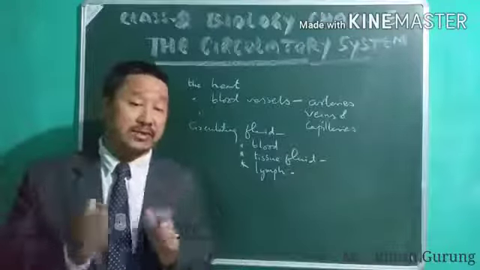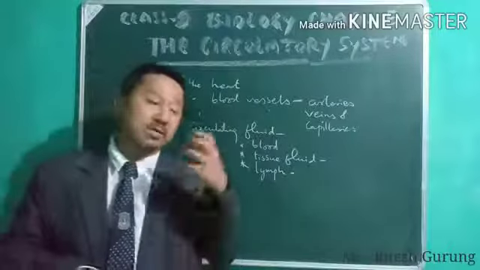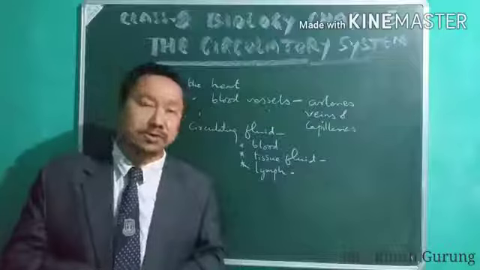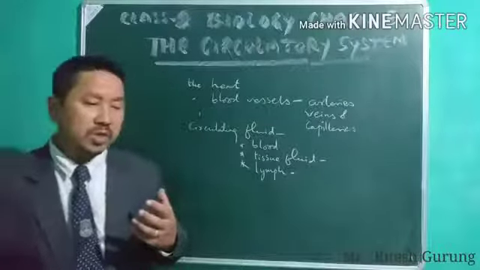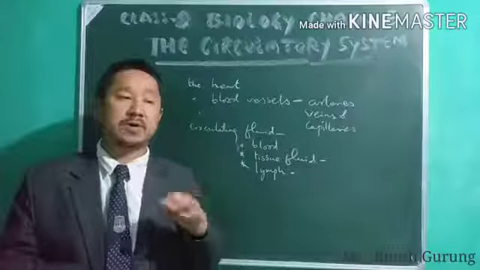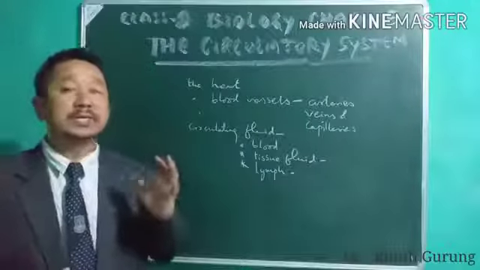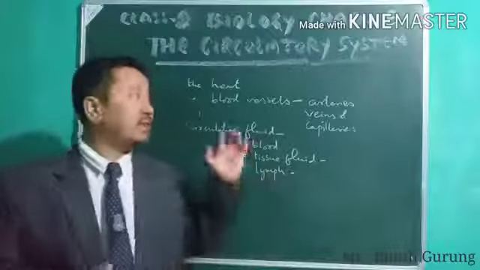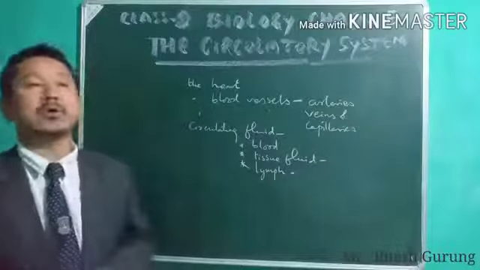That is the main purpose, the responsibility, or the function of your circulatory system. So why the circulatory system? I was telling you it is for transporting different things. What are the different things being circulated by this system? Let me give you some points in this regard.